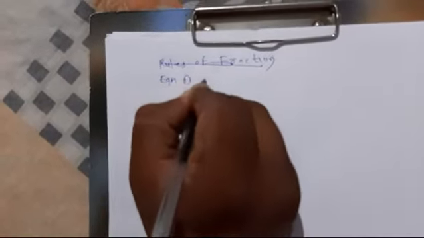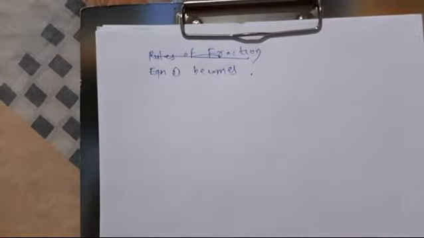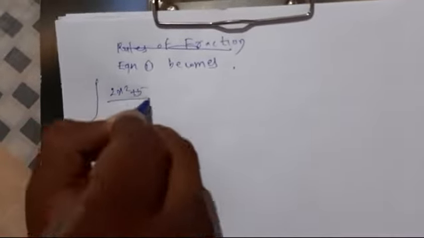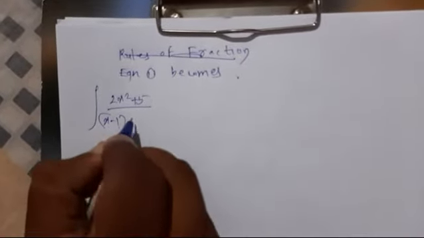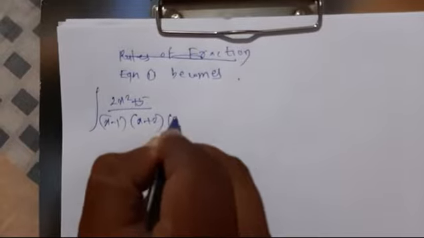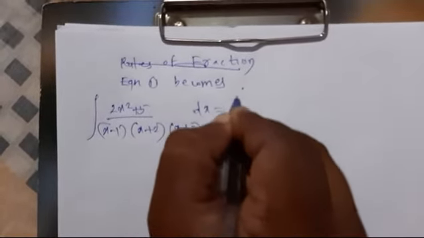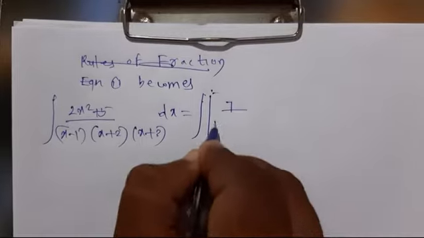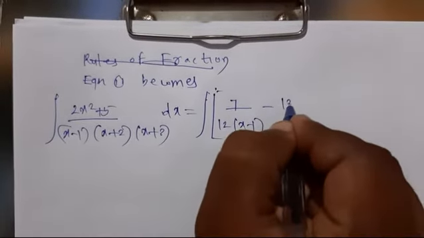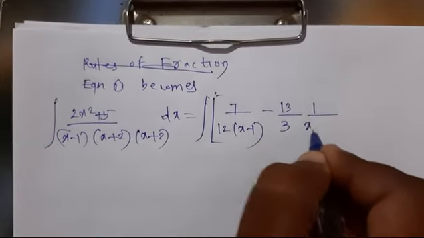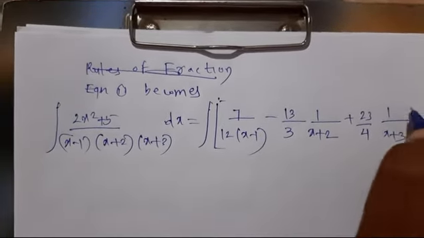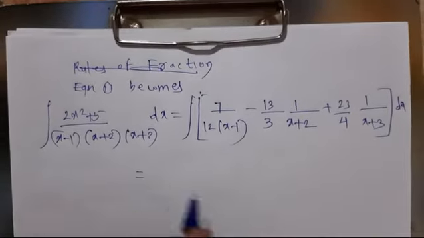Therefore equation number 1 becomes integration of 2x square plus 5 upon x minus 1 into x plus 2 into x plus 3 dx is equal to integration of 7 upon 12 into 1 upon x minus 1 minus 13 upon 3 into 1 upon x plus 2 plus 23 upon 4 into 1 upon x plus 3 dx.